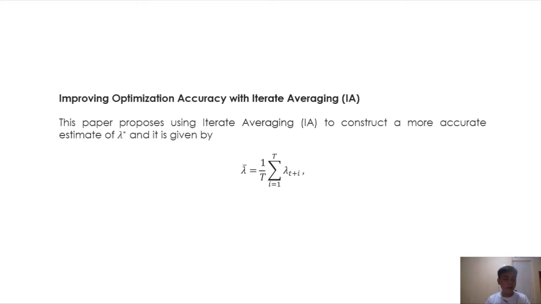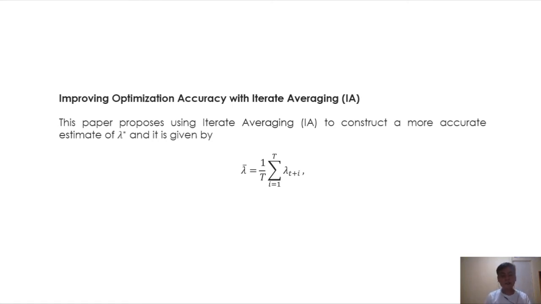As I've mentioned earlier, in high dimensional settings, we should not expect that a single iterate, lambda t, to be close to our lambda star. So this paper proposes using iterate averaging, or IA, to construct a more accurate estimate of lambda star.